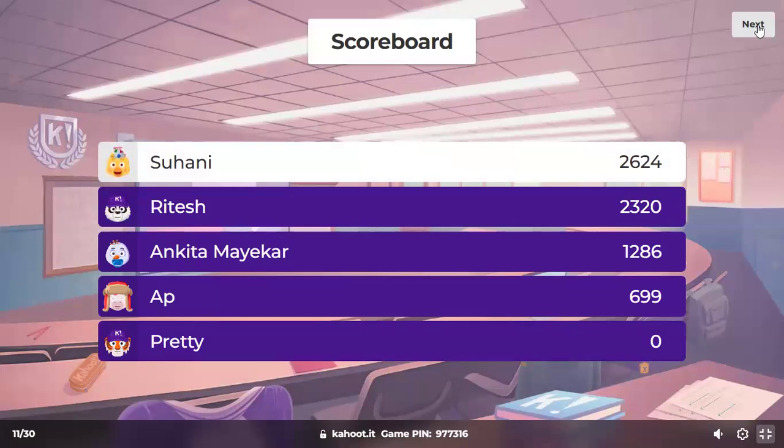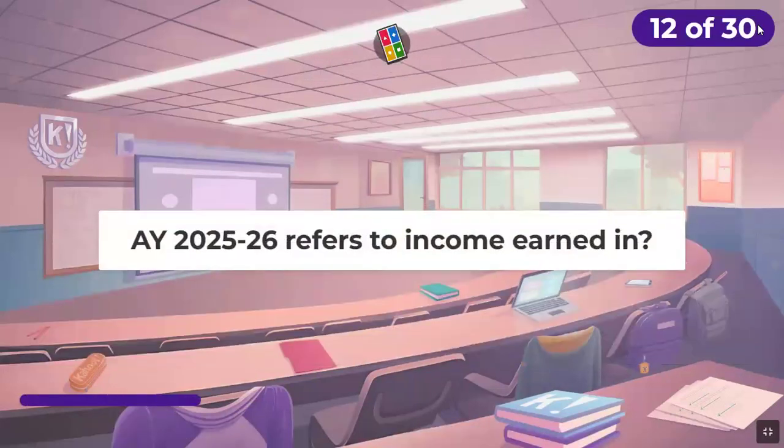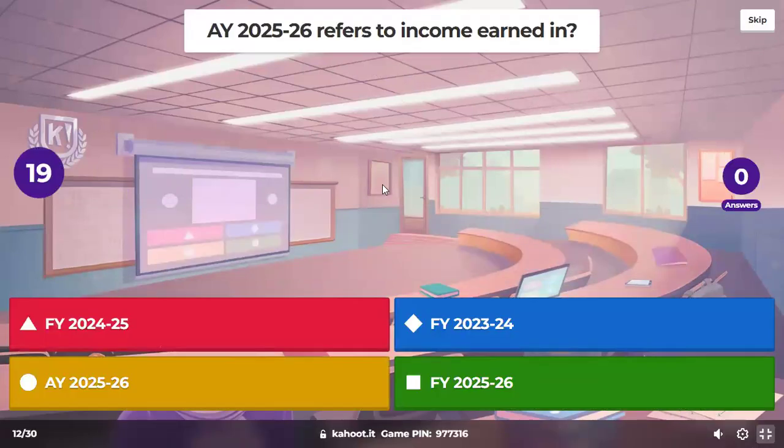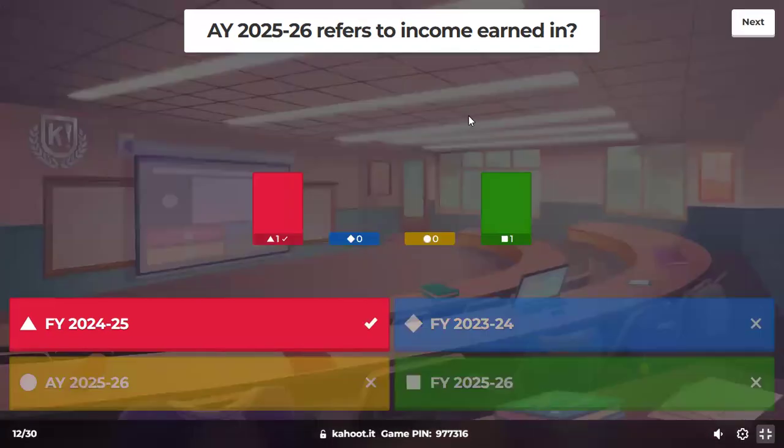Now, since there are fewer participants, I can go with five more questions and then we'll stop. Assessment year 25-26 refers to income earned in: red, 24-25; yellow, 25-26; blue, 23-24; and green, 25-26.